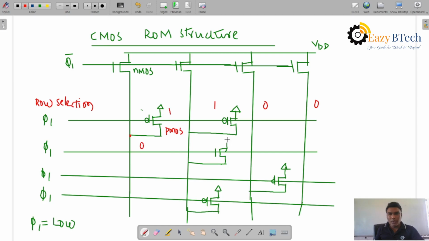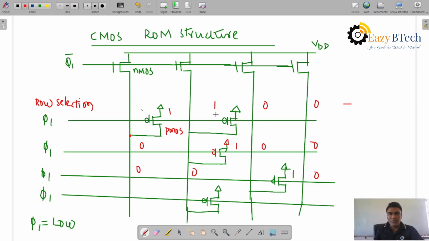So when the transistor is present and the row is selected, the gate terminal is on, then VDD is connected, so logic 1 is stored. Otherwise it should be 0.